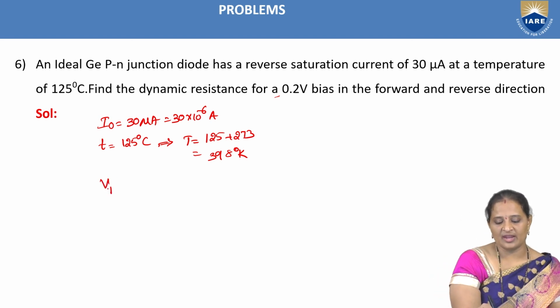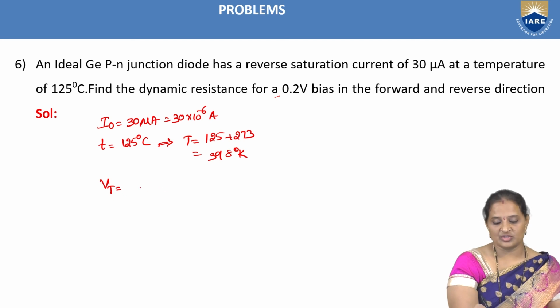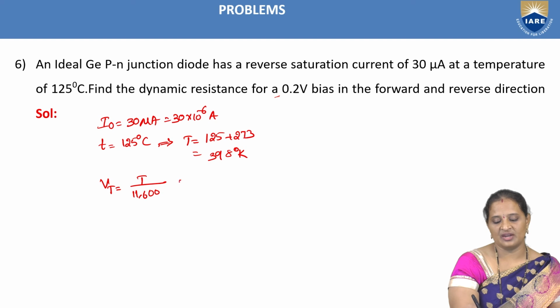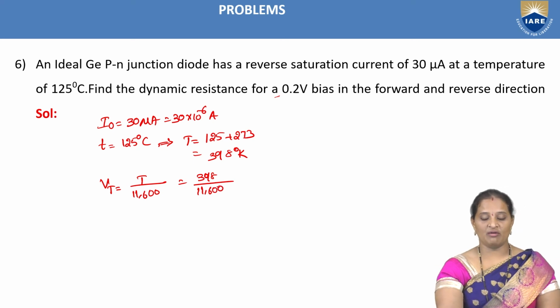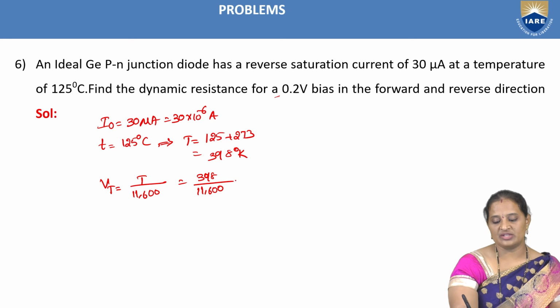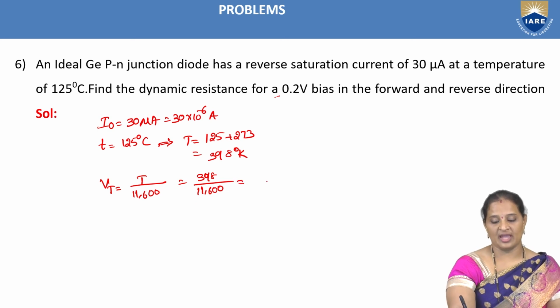So once you know that, you can calculate Vt. Vt is equal to T divided by 11,600, which is 398 divided by 11,600. This is the volt equivalent of temperature. Calculate this value using the calculator.